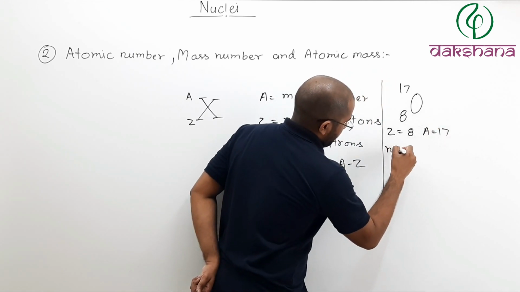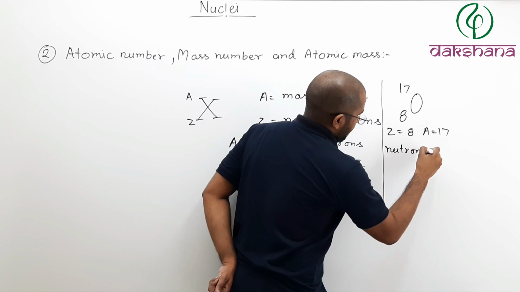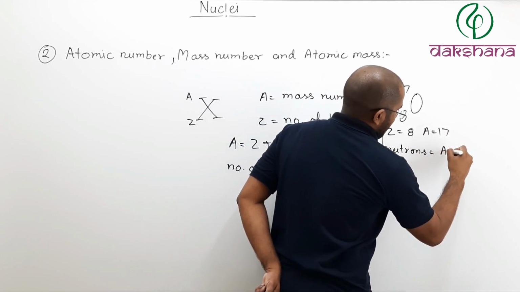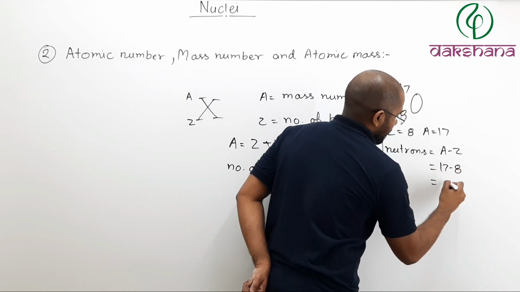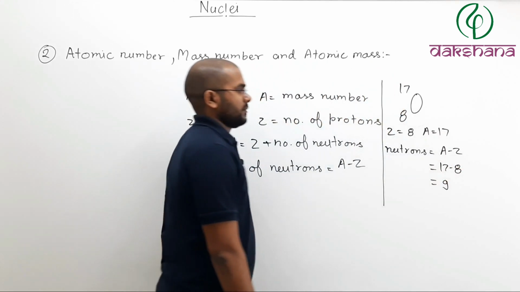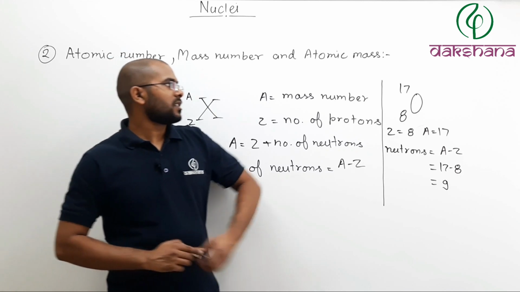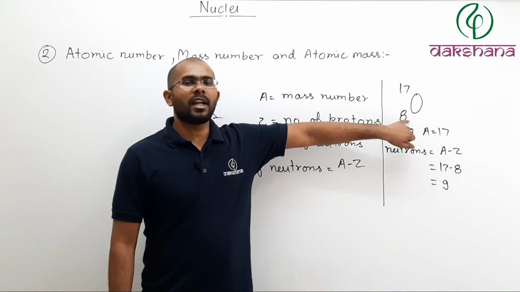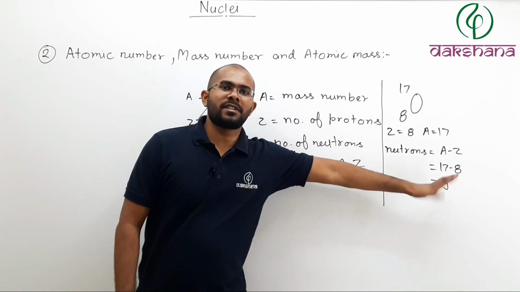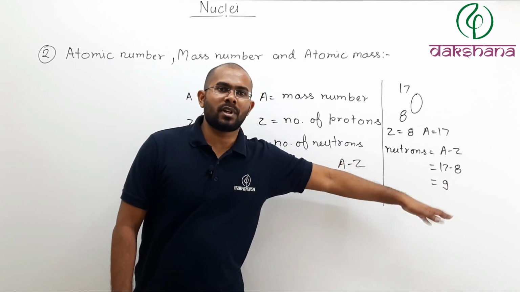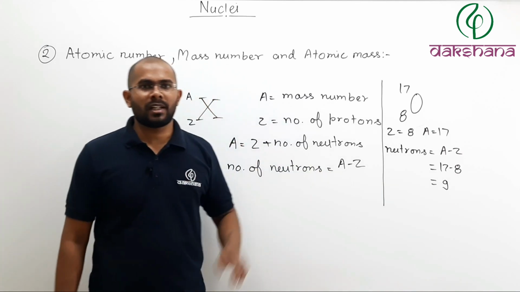So neutrons will be how much? A minus Z, which is equal to 17 minus 8, that is 9. So in case of this oxygen, there are 8 protons and 9 neutrons. Now we will see why the number of protons and neutrons are different. We will come to that later.